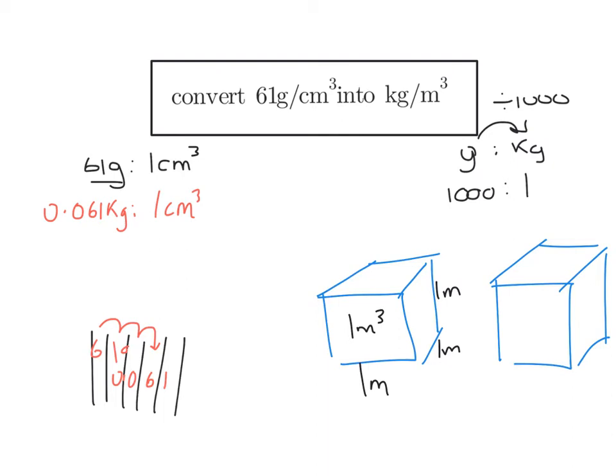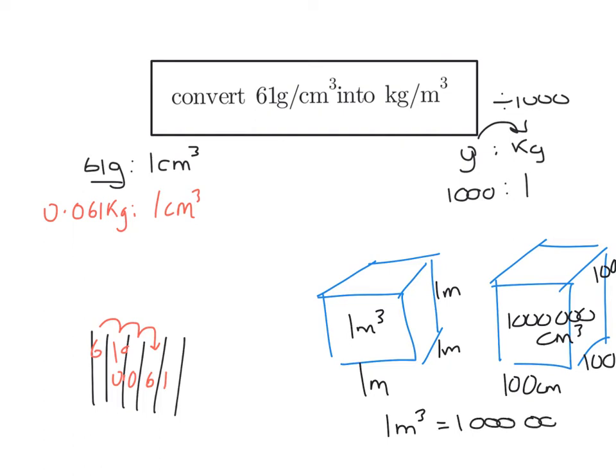And the other is in centimetres, and we know that there's 100 centimetres in a metre. So it's going to be 100 times 100 times 100, which is going to actually be 1 million centimetres cubed. So let's just write that out. We've got 1 metre cubed is actually 1 million centimetres cubed.